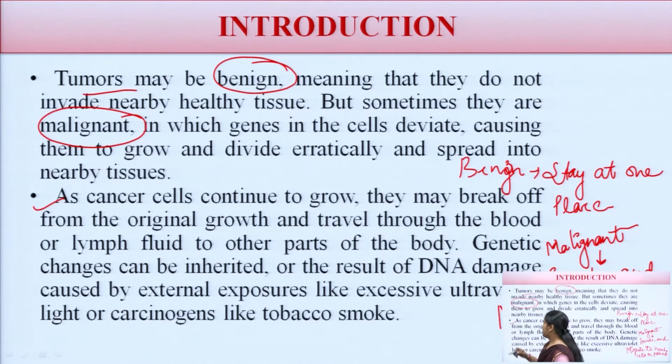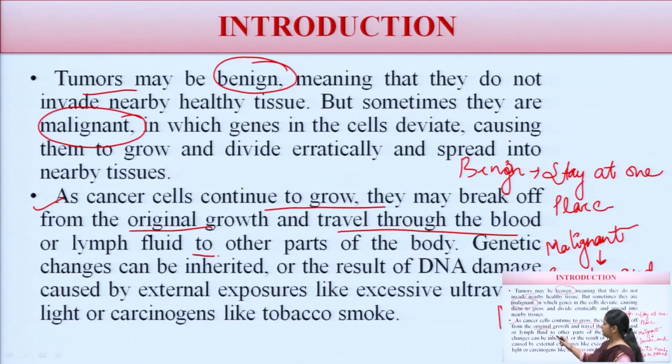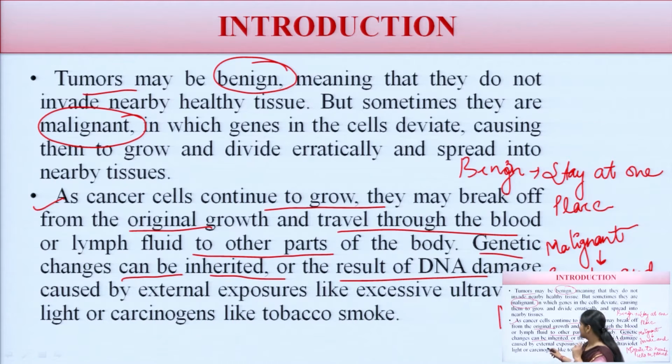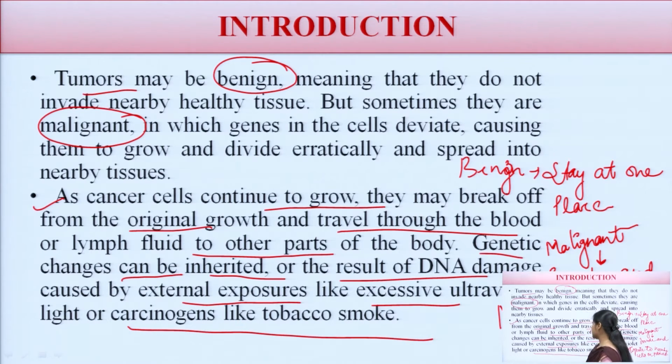As the cancer cells continue to grow, they may break off the original growth and travel through the blood or lymph fluid to other parts of the body. Genetic changes can be inherited or the result of DNA damage caused by external exposure like excessive ultraviolet light and carcinogens like tobacco and smoking.